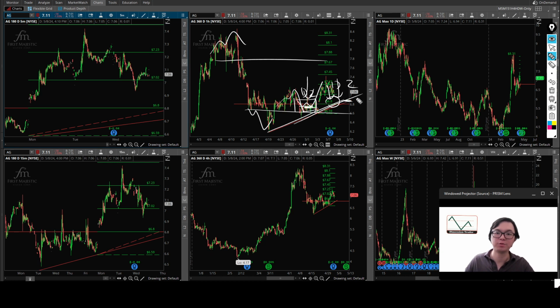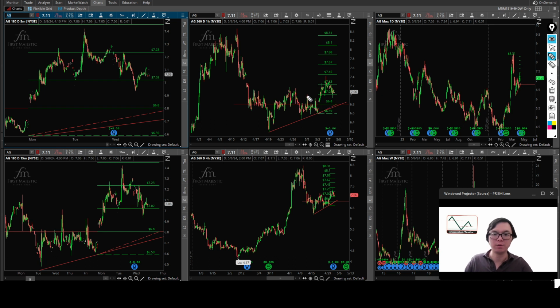We have two opportunities to enter. So when the price comes back the first time, and comes back a second time, we have two entries here. We place a stop down here, and we can set a target 1, target 2, target 3, or even target 4, depending on the range of the price.